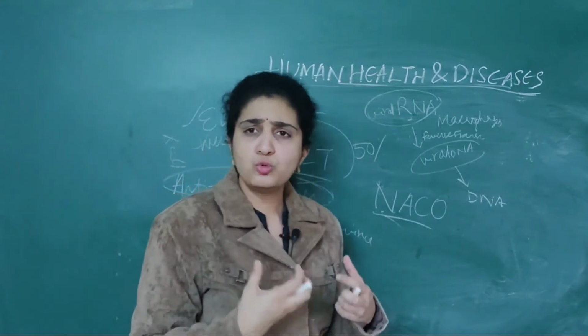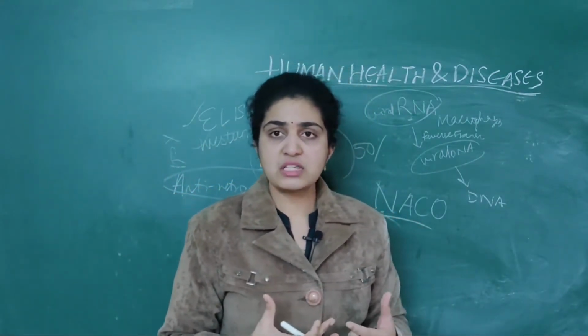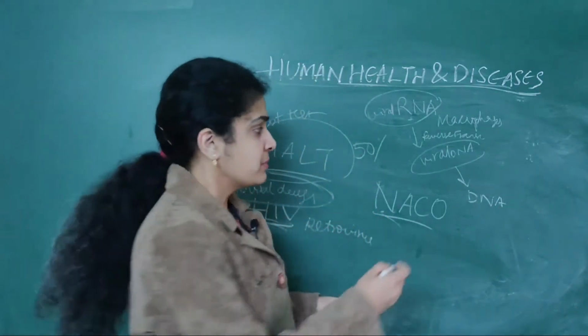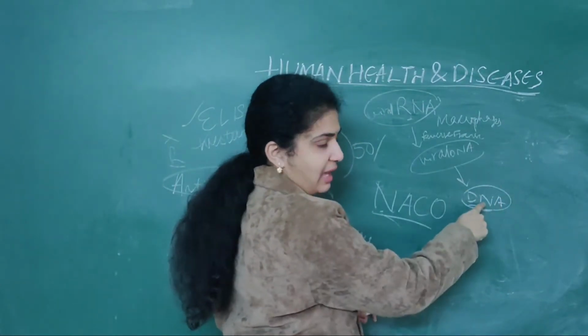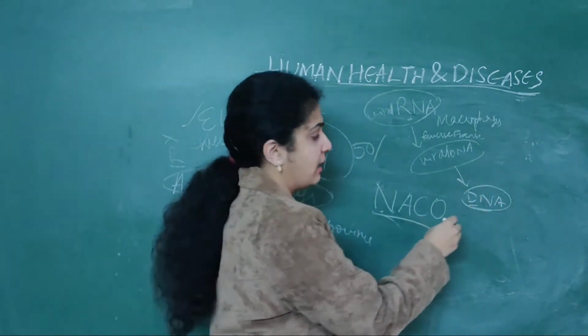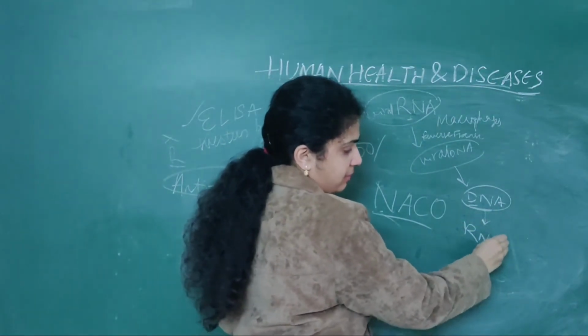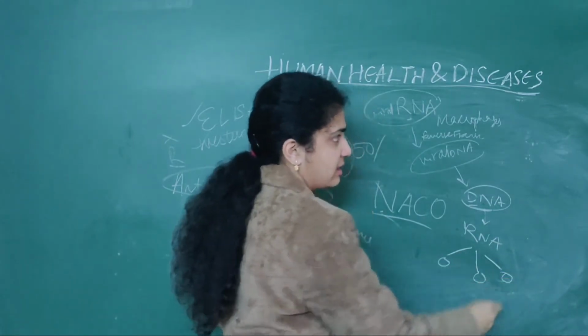It will produce numerous virus infected cells. How will it produce numerous virus infected cells? By again transforming. This DNA will enter the original DNA and damage it, and it will produce RNA again, and this RNA will produce numerous infected cells.